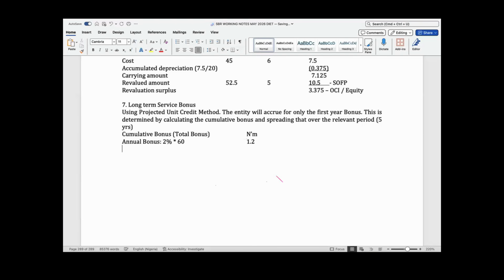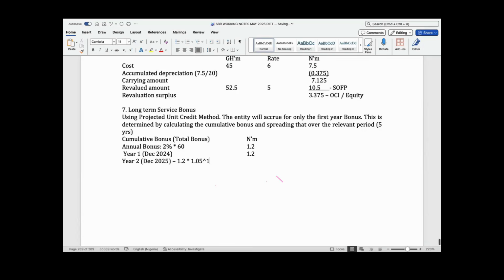So having determined this, in year 1, which is December 2024, I'm due 1.2. In year 2, which is December 2025, this 1.2 will go up by 5%, so 1.05, because I'm told that the annual salary goes up 5% every year.